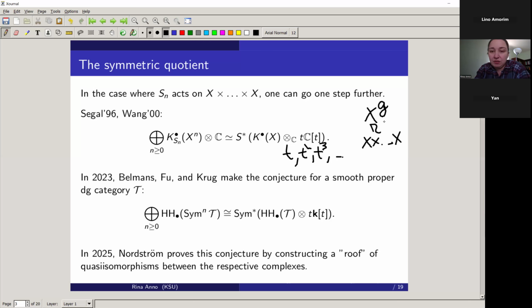Yes. So T is somehow corresponding to, I mean, you have S upper star and also K upper dot. Both sides are graded, but the degree on the right hand side comes from the K. Actually, both sides are bi-graded.